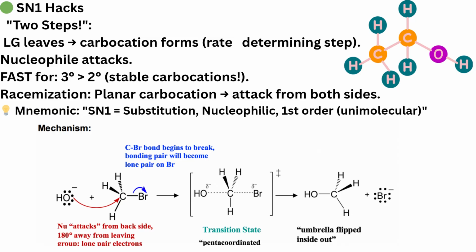It is fast for the tertiary carbocation, then the secondary carbocation, and the primary carbocation will not undergo SN1 reaction. Racemization will take place, the carbocation will be planar, and the attack is possible from both sides. And tip to remember SN1, that is substitution nucleophilic first order, that is, it is unimolecular.